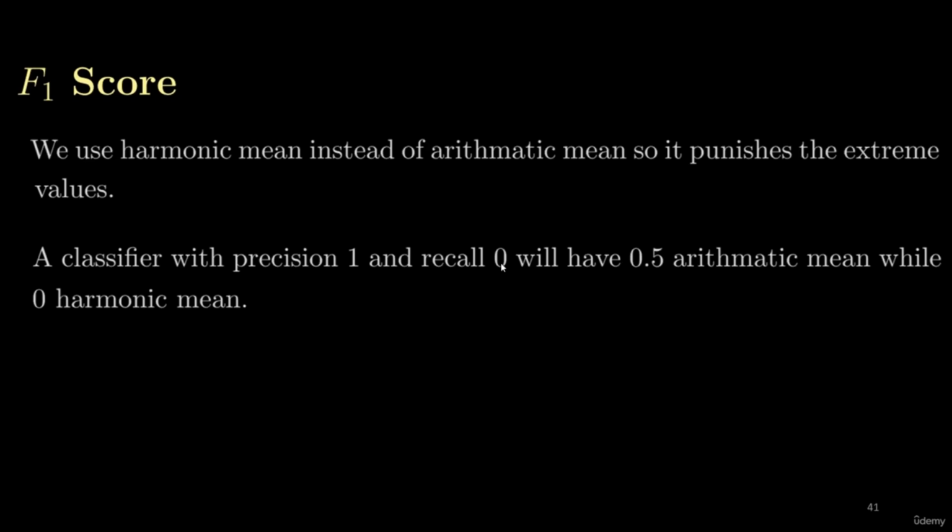If we have recall 0 and precision 1, or precision 0 and recall 1, we will still get an F1 score of 0.5 with the arithmetic mean. Therefore, we avoid the arithmetic mean and penalize our model more if either precision or recall is 0. Therefore, we use the harmonic mean to calculate the F1 score of the model.